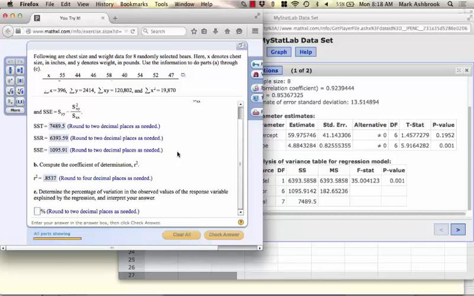So let's do this. On your sheet, number one will be: interpret SST, SSR, and SSE with a sentence. So 3 sentences.